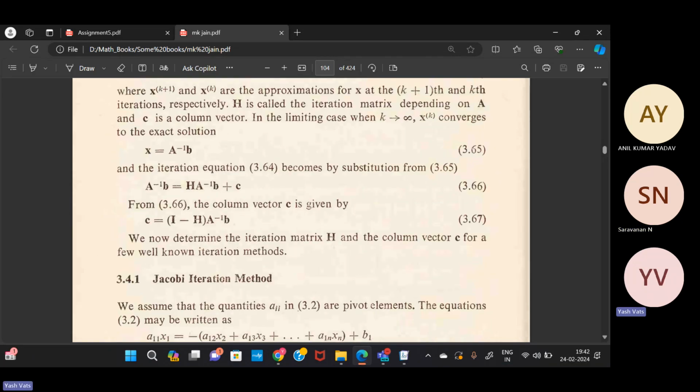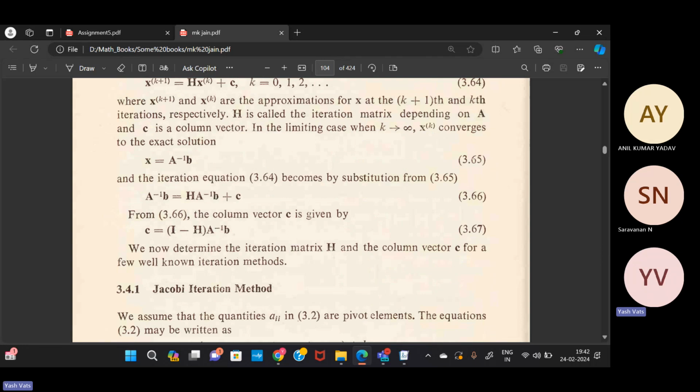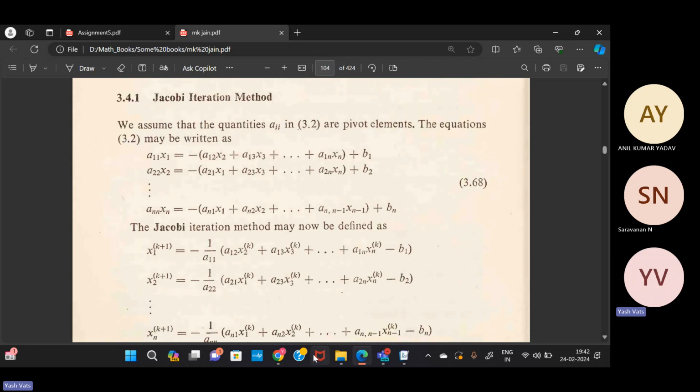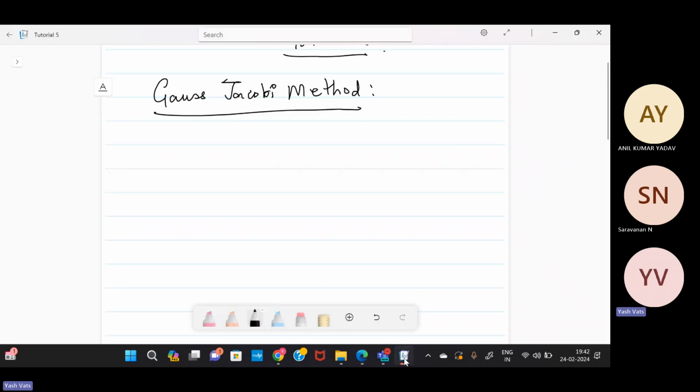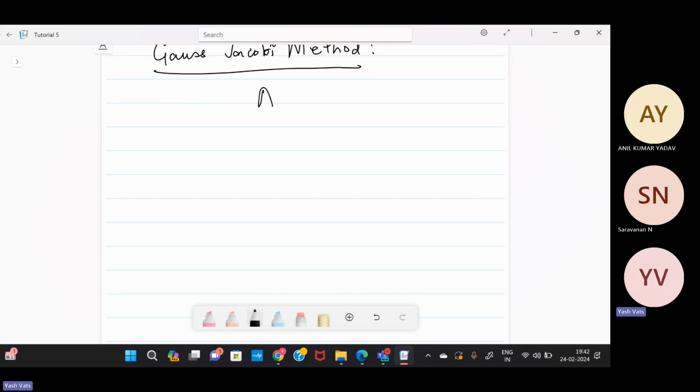So you are given some system AX equal to B. You are given some system AX is equal to B, and you have the matrix.